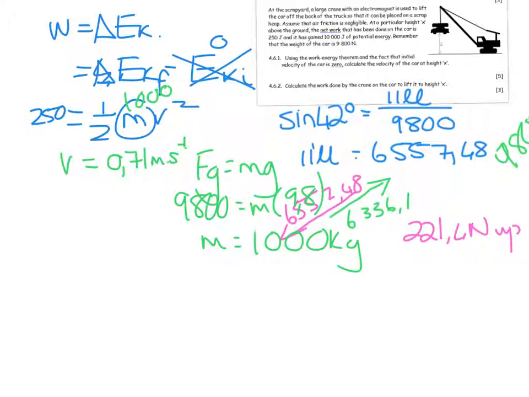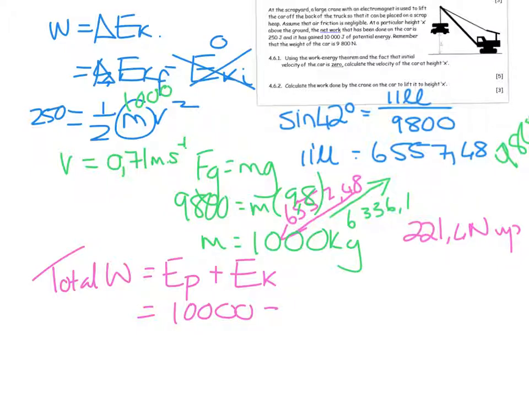Calculate the work done by the crane on the car to lift it to that height. Well, there are two things. There's the net work done in terms of kinetic energy, and it has gained potential energy. So the total work is going to be equal to the potential energy gained plus the kinetic energy gained, and that is equal to 10250 joules.